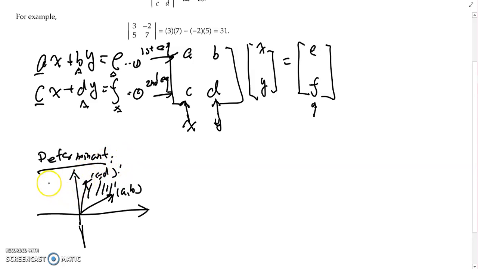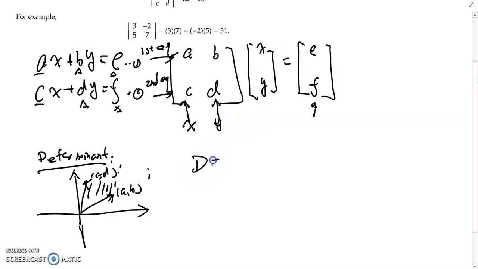There are also formulas to calculate the area of an enclosed polygon on the two-dimensional coordinate plane, but here we just define how to solve this linear system.